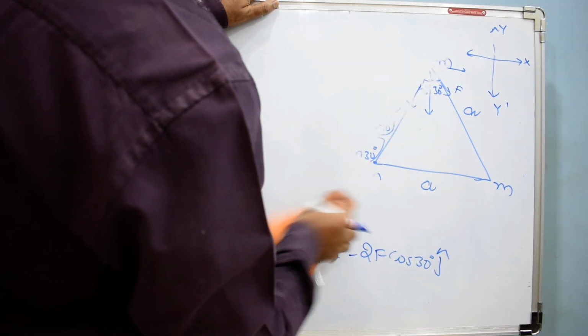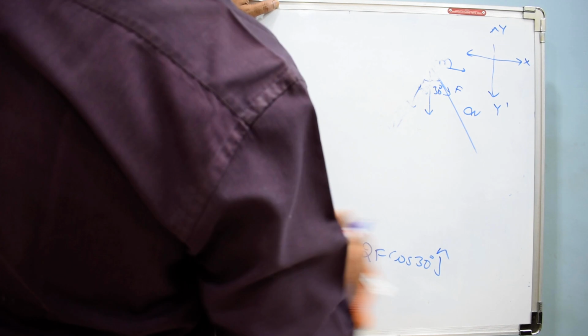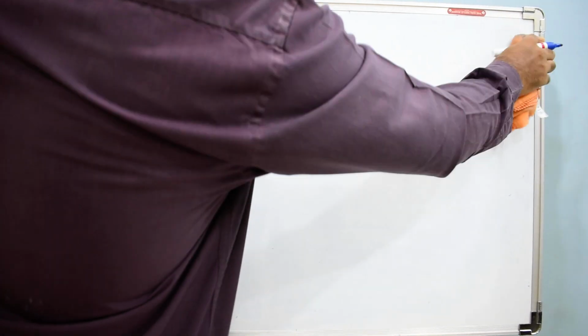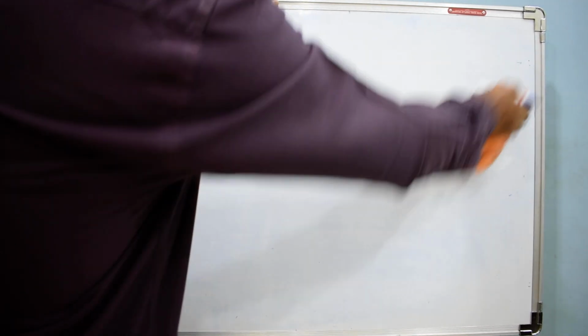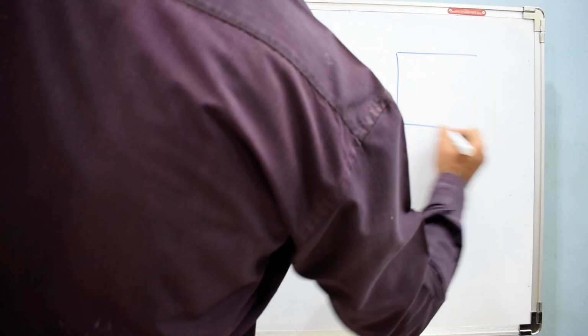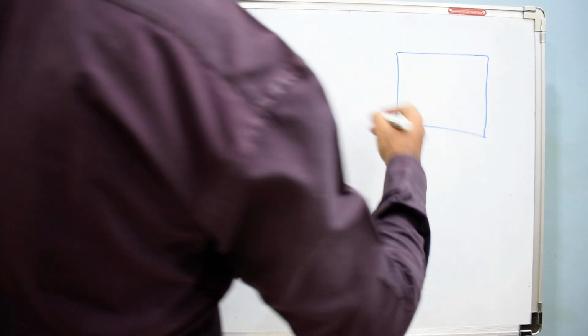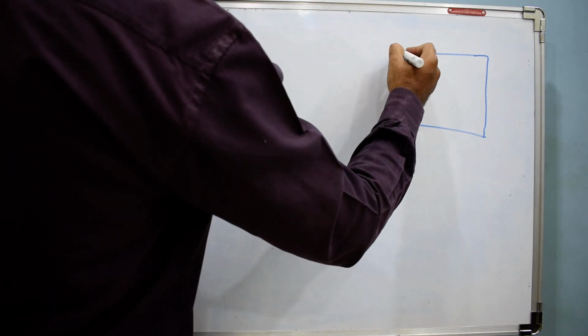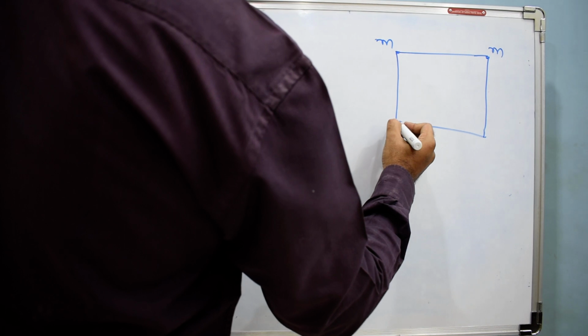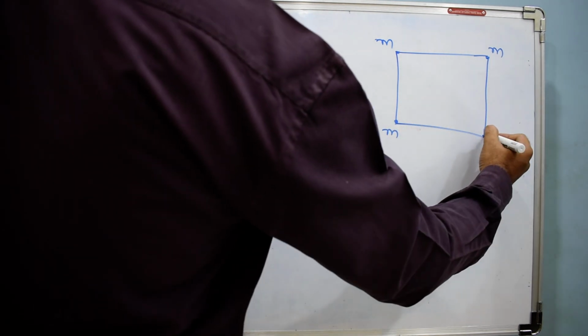The only difference is that instead of 3 masses, we'll be having 4 masses placed at the 4 corners of a square of side A. Instead of explaining each and every step, I'll just give you a general idea of how to solve such a problem, where let's say we have 4 masses, and for the sake of simplicity, let's take those masses m placed at the 4 corners of the square.